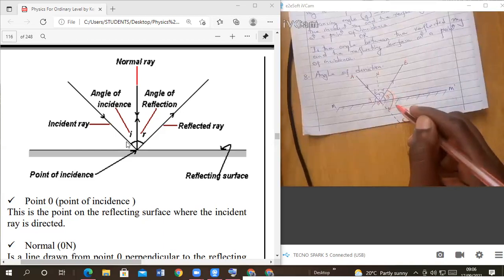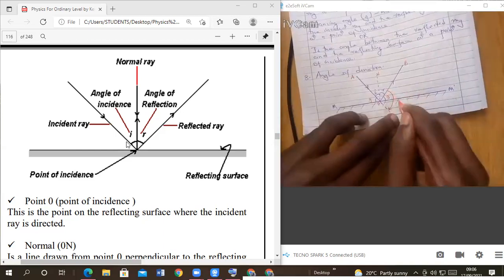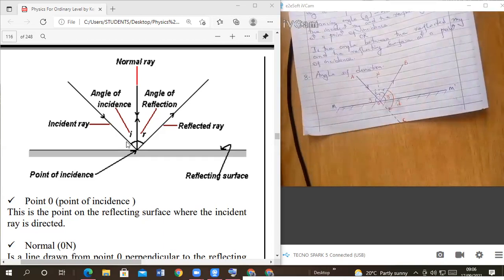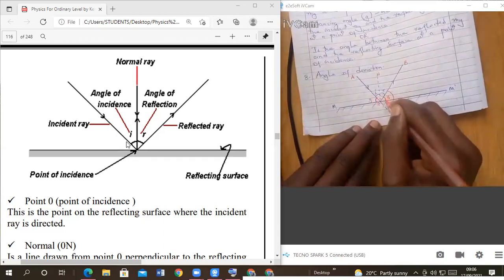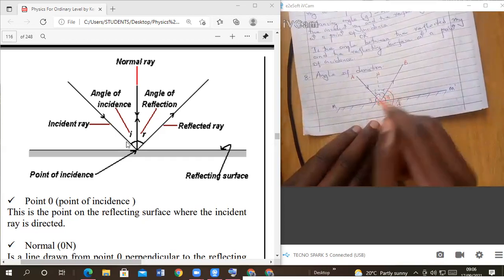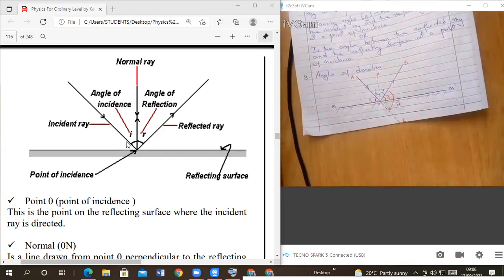This one is a glancing angle, and this one is also a glancing angle. Which property have we used there? Alternating angles. That property is alternating angles.